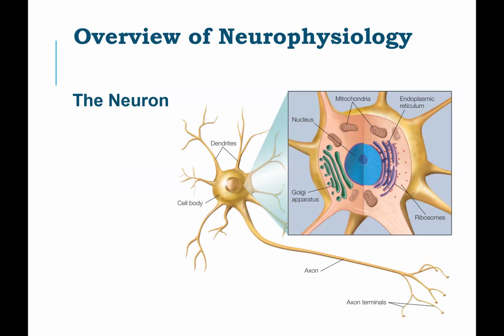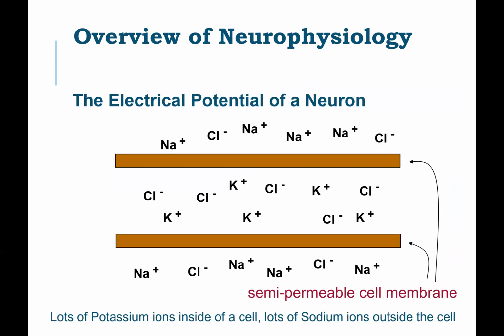So this is, as we were talking about, a cell, a neuron, and it has a complex physiology, as you could imagine, in order to sustain itself and in order to be able to communicate. One thing that is important in the functioning of a neuron is the fact that it has a semi-permeable cell membrane.